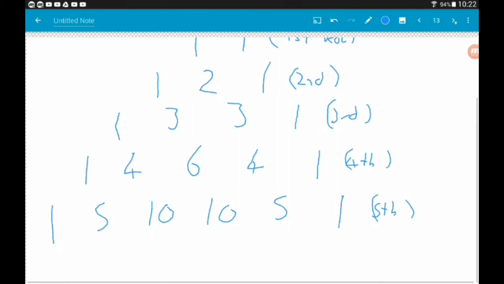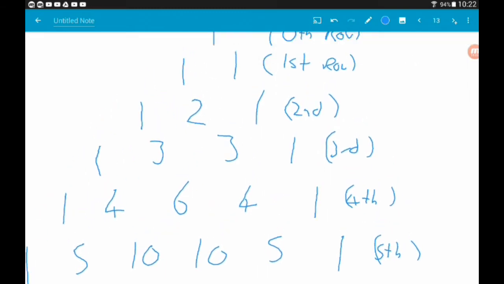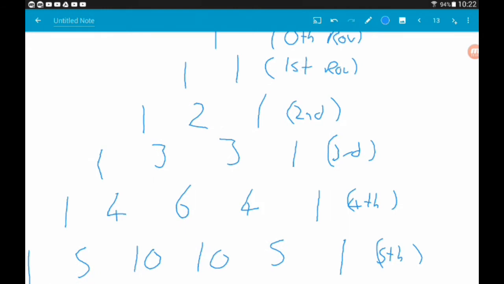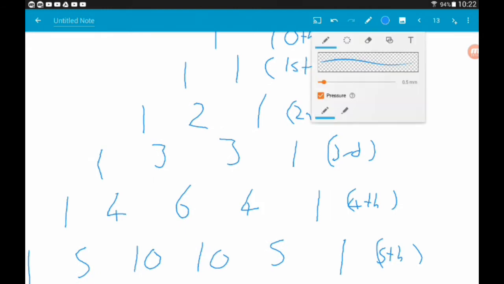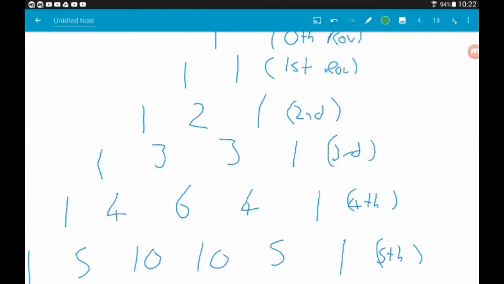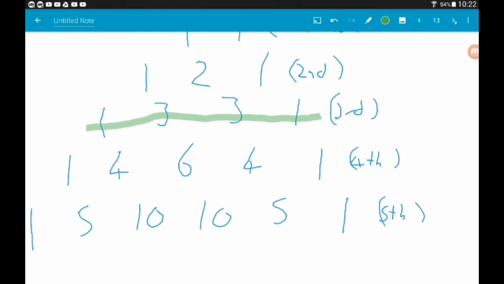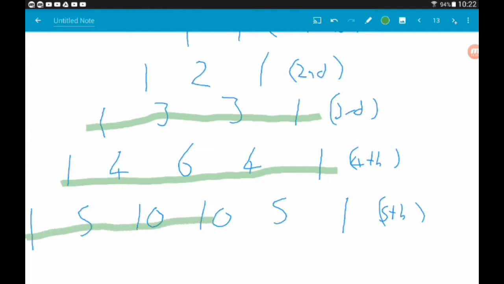So when we were expanding to the power of 3, for example, we would need the coefficients from the third row. So we would need these guys, 1, 3, 3, 1, for any expansion to the power of 3. If we were expanding to the power of 4, then we would need the coefficients 1, 4, 6, 4 and 1. If we were expanding to the power of 5, we would then need 1, 5, 10, 10, 5 and 1.